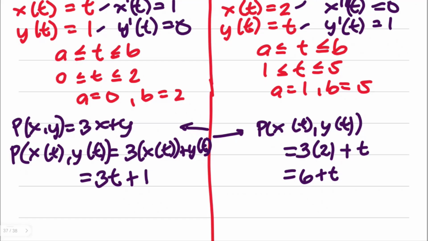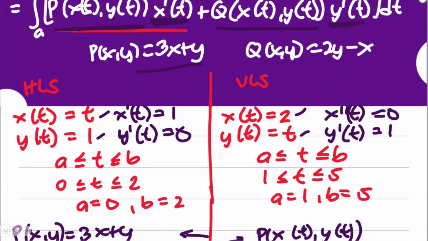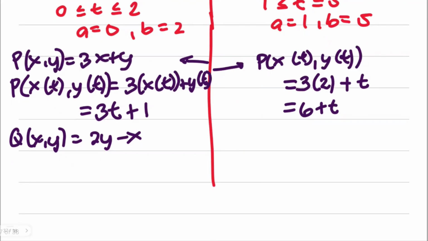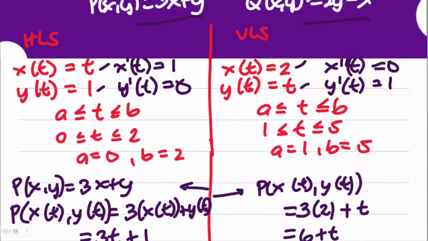Now, for our q of x, y, which was originally 2y minus x. If you would like q of your x of t and y of t, you will have 2 times your y of t minus your x of t. Again, for both of them, they will just differ on the correct forms, because for the first path, your y of t is 1.